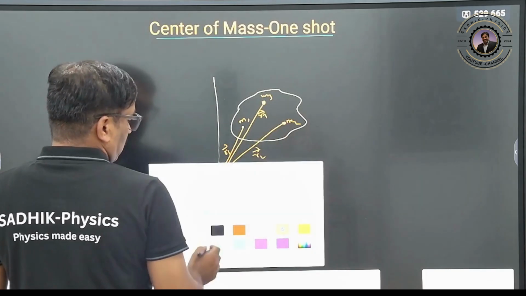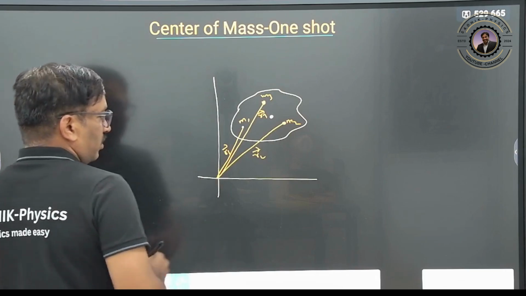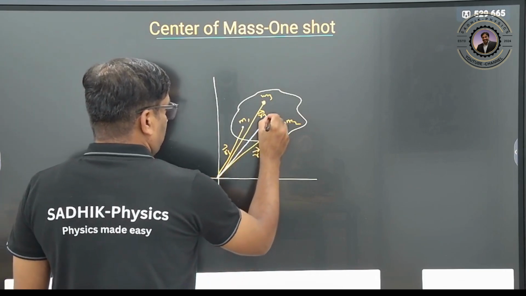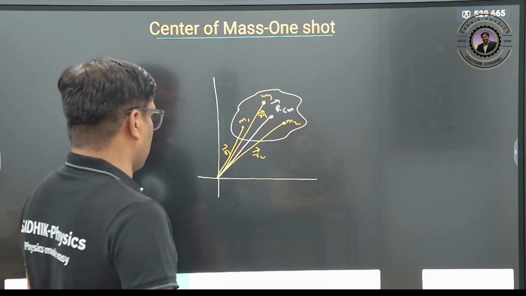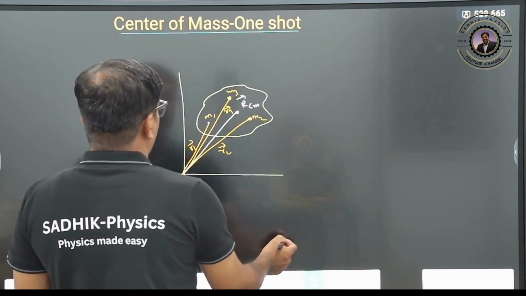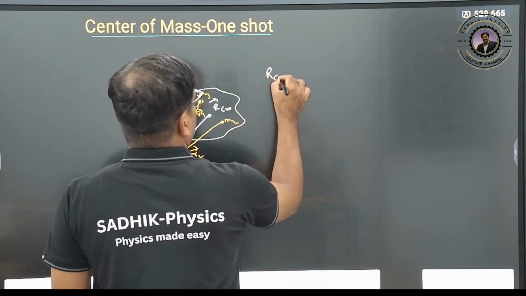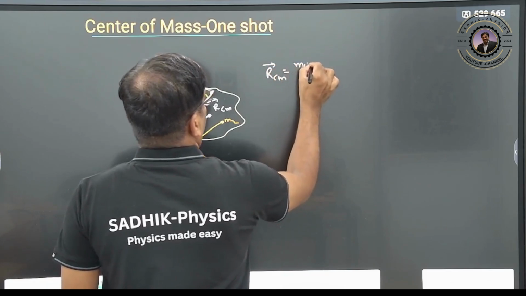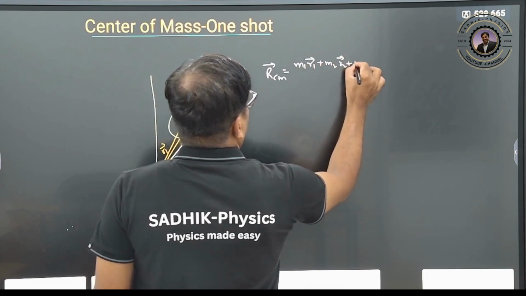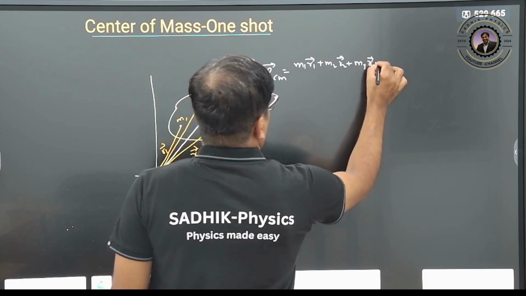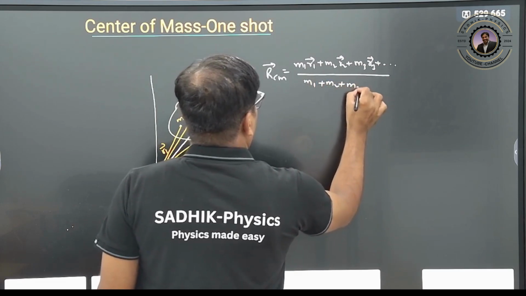The center of mass of all these three objects will lie at one point here, with position vector RCM. How to calculate it? Very simple. RCM equals m1 r1 vector plus m2 r2 vector plus m3 r3 vector, and so on, divided by m1 plus m2 plus m3, and so on.